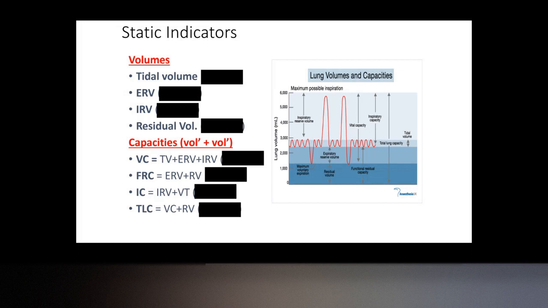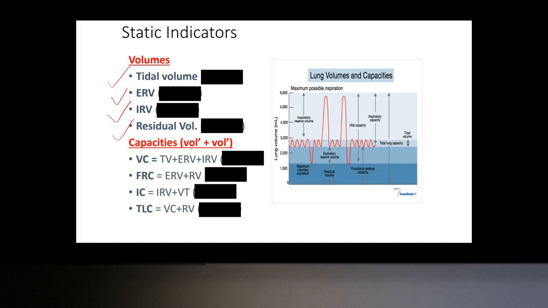Static indicators include the tidal volume, the expiratory reserve volume, the inspiratory reserve volume, and the residual volume. So can anyone tell me what is tidal volume? Any idea? A small definition will do. Just try it, it's okay. Like the volume of air that you breathe if you are relaxed. Exactly.